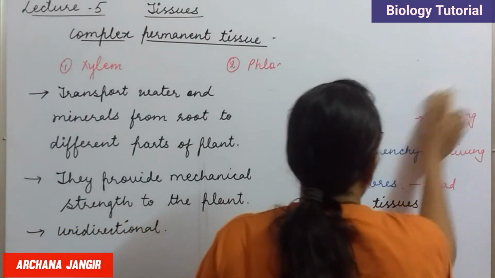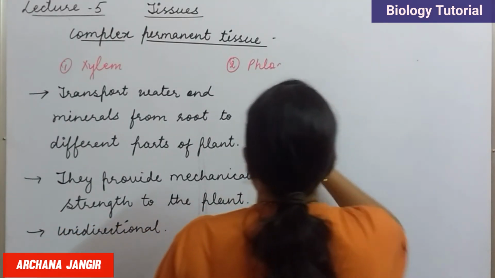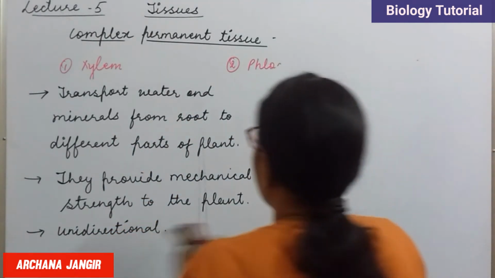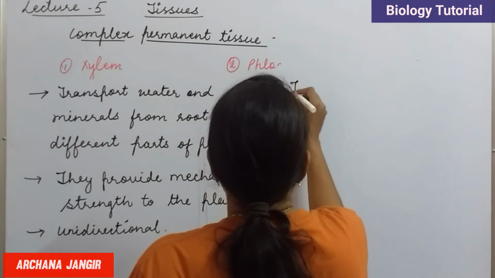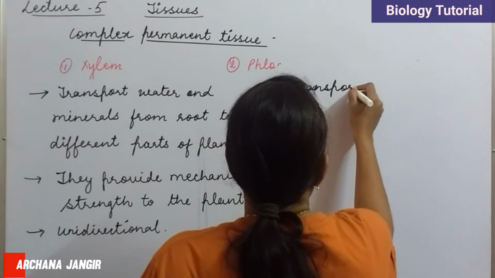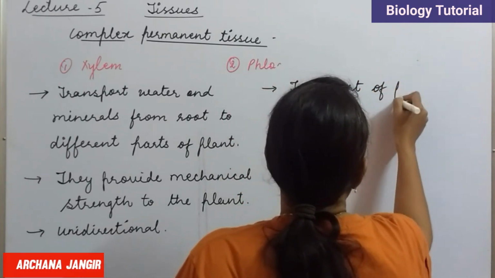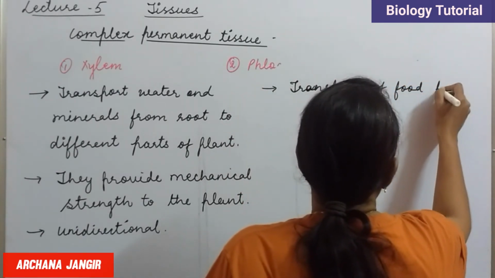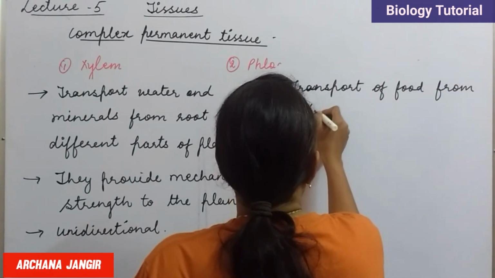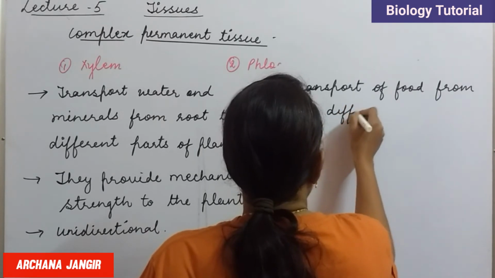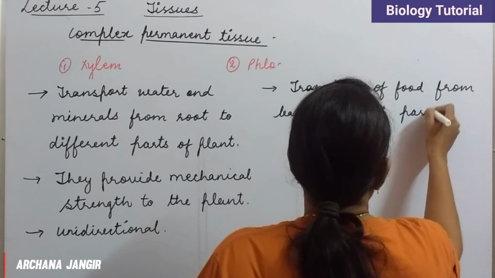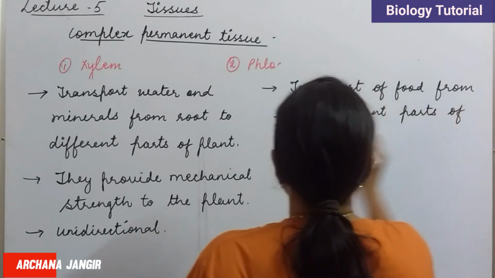Now what happens in case of phloem? Phloem is responsible for transportation of food. These are responsible for transport of food from leaf to different parts of the plant.